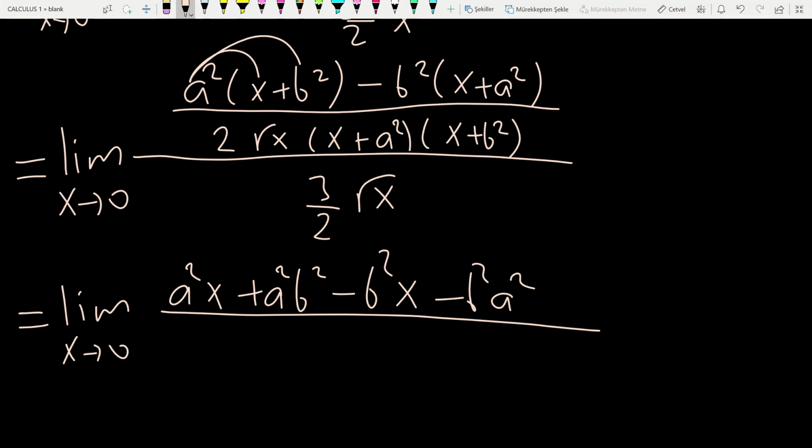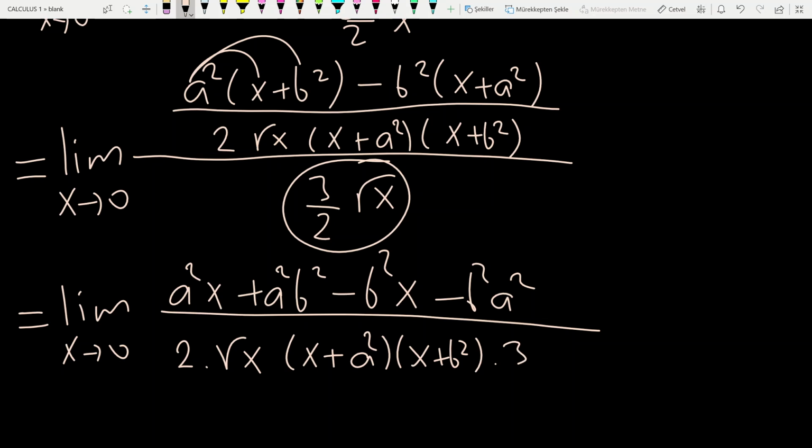What do we have in the denominator? 2 times square root of x, right? x plus a square, x plus b square, times 2 over 3 square root of x. So you cancel these two terms, and you cancel these two terms.